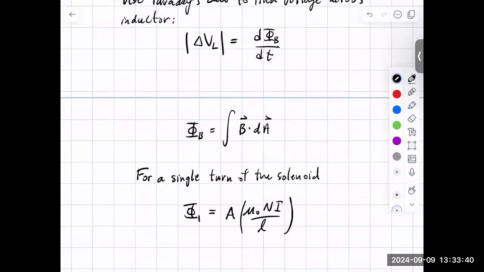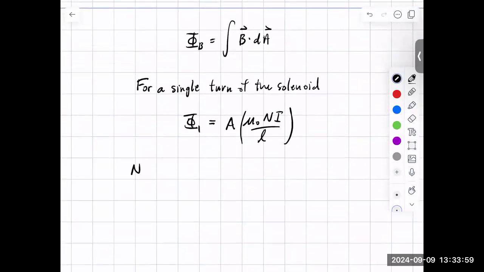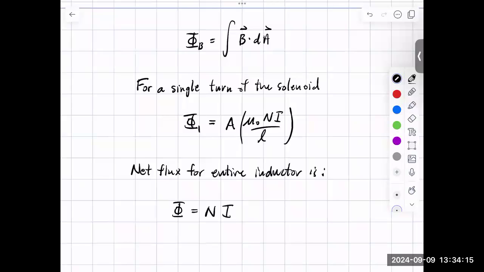But our solenoid, our inductor, is not a single turn. It has a whole bunch of turns. In fact, it has n of them. So the total flux, we get this contribution from every single turn in our coil. So the net flux for the entire inductor is n times the flux of a single loop.